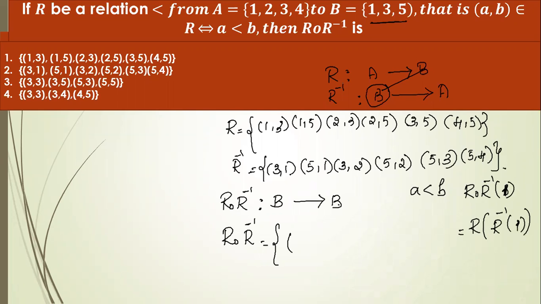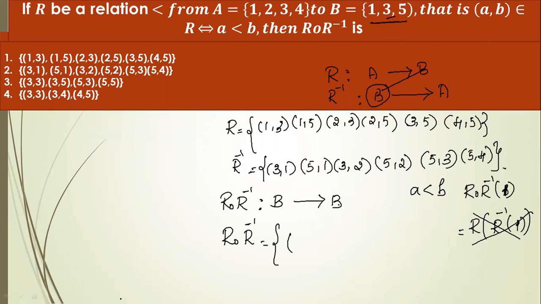Can you see any ordered pair starting with 1 in R inverse? No. So there is no element in R composition R inverse starting with 1. Okay, 1 is done.